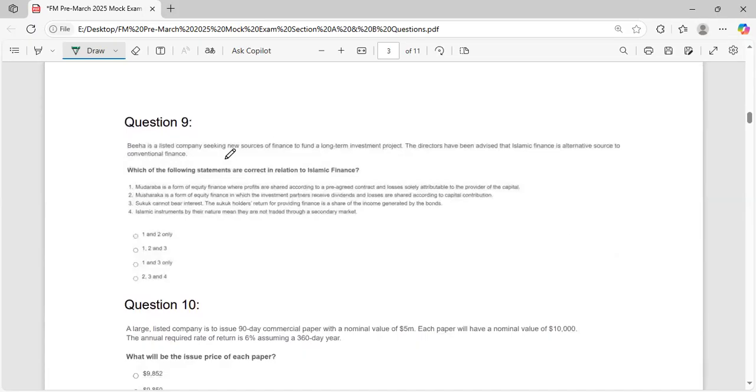BIHA is a listed company seeking a new source of finance to fund a long-term investment project. Directors have been advised that Islamic finance is an alternative source to conventional finance. Which of the following statements are correct in relation to Islamic finance? Islamic finance is basically the one which is focusing on riba free or interest free.